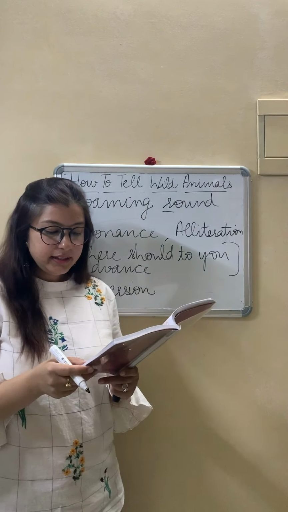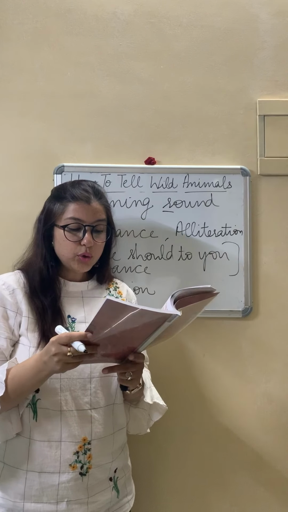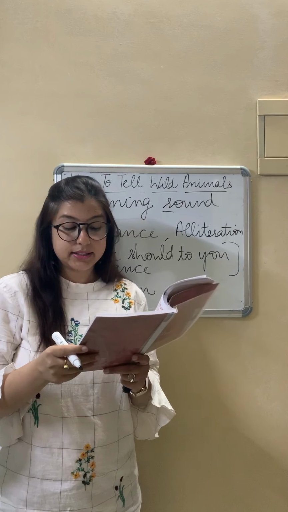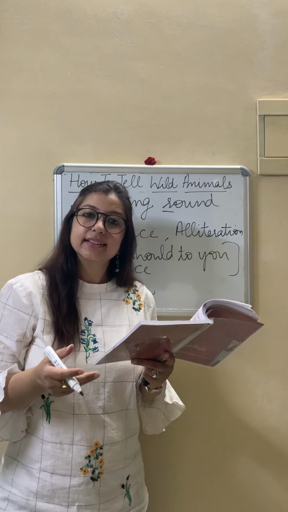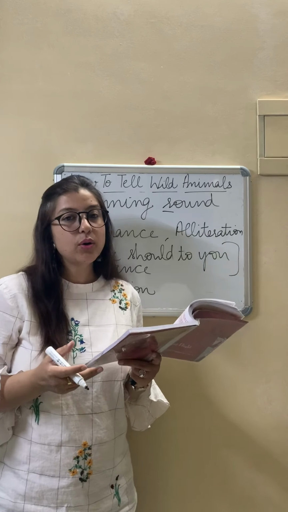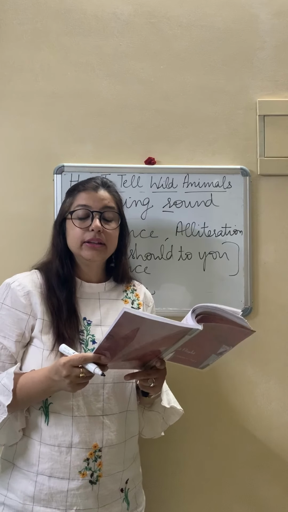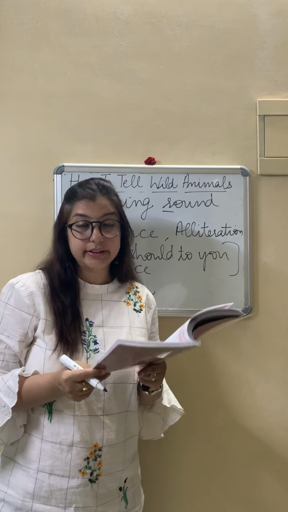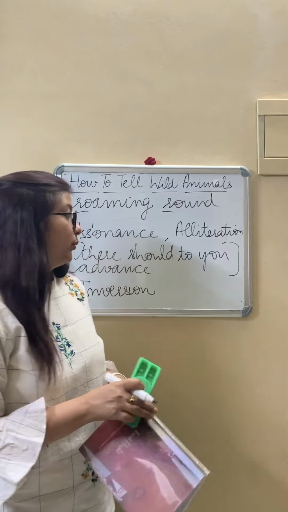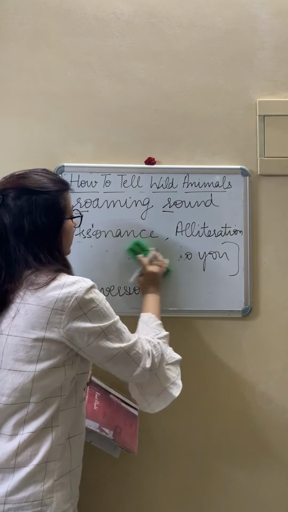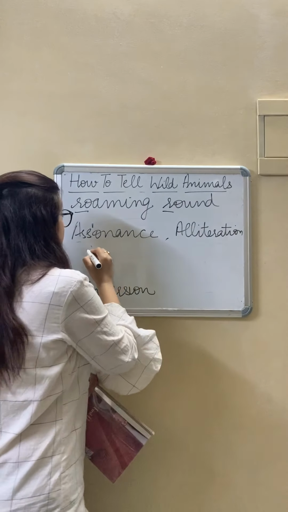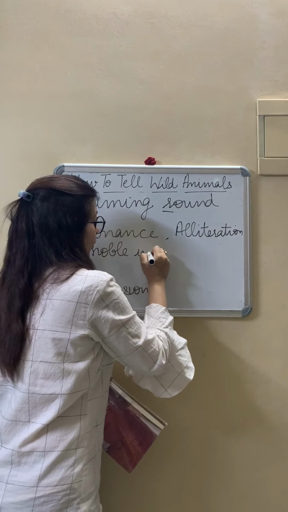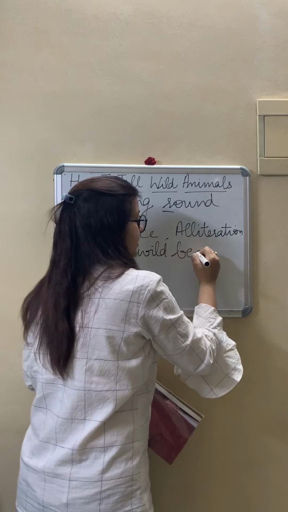Then coming to the next, a noble wild beast greets you. Now beast and greets, again assonance. The repetition of vowel sound E. And noble wild beast greets you. So what does the word noble and wild collectively tell you?